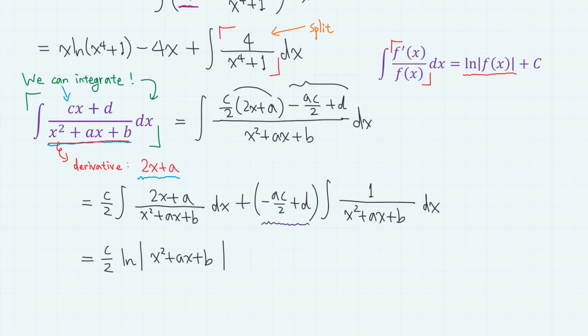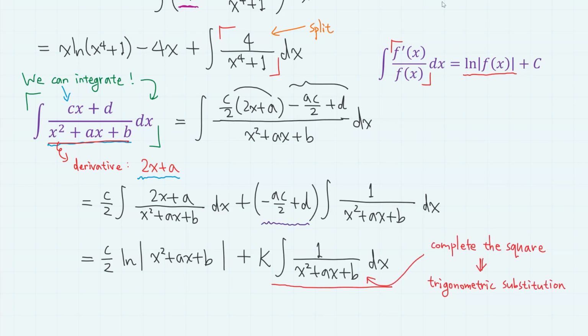And these are just constants, so we can just write it as a new constant k, then the integral of 1 over x^2 + ax + b. And as for the integral in the second term, we can integrate it by completing the square and using trigonometric substitution. So the bottom line is, we can totally integrate this, so let us try to obtain this form.